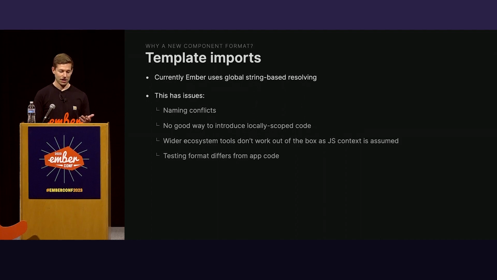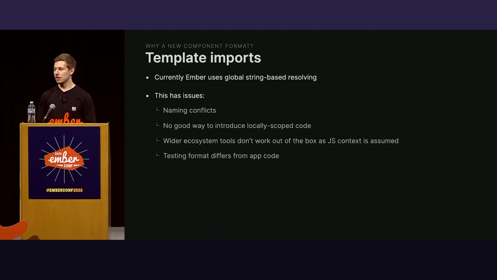For example, modifiers live in a totally different file, some completely unrelated to your components, while in practice it is very much related to your component code. So that's also an issue. Also wider ecosystem tooling, say for example CSS solutions like CSS modules or styled components.